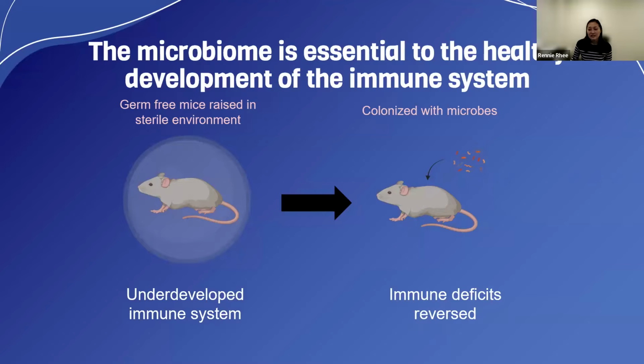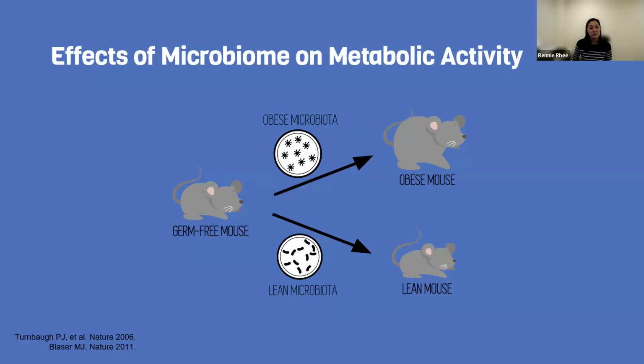Another interesting study has come out in terms of metabolic diseases. So similarly, they did studies in germ-free mice, and they did something called fecal transplantation. And that is basically taking stool, poop from another mouse and giving it to the germ-free mouse.